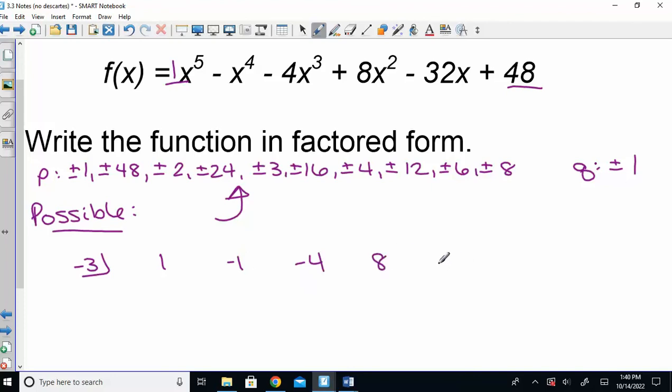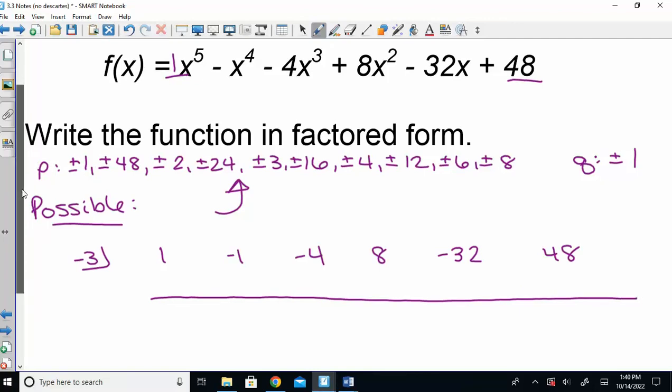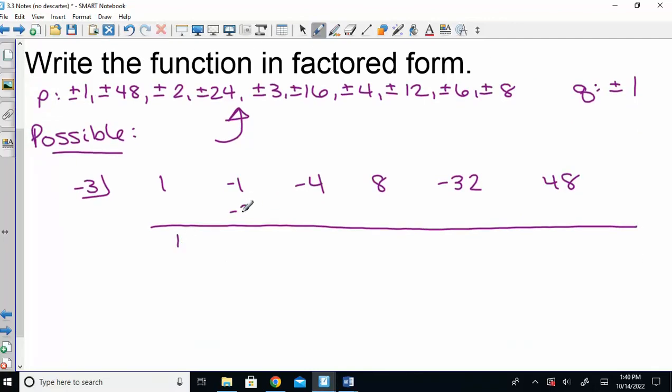What power is this currently? That's to the 4th power.